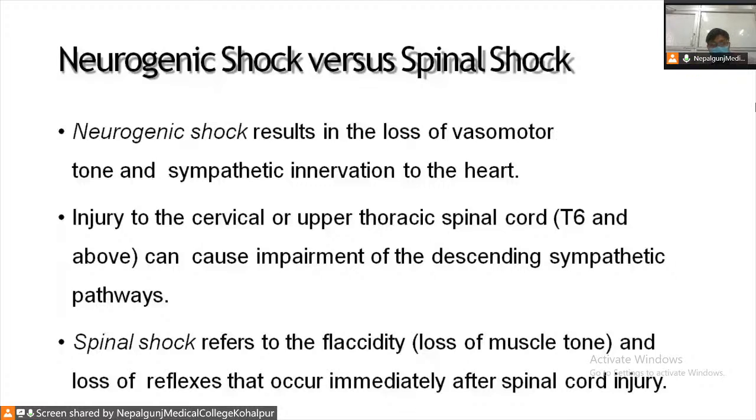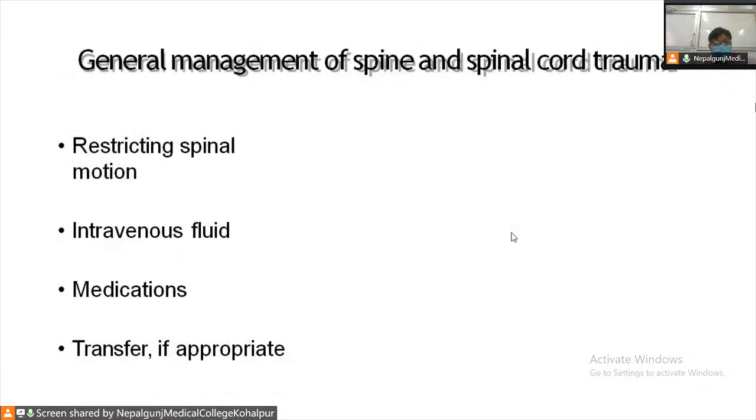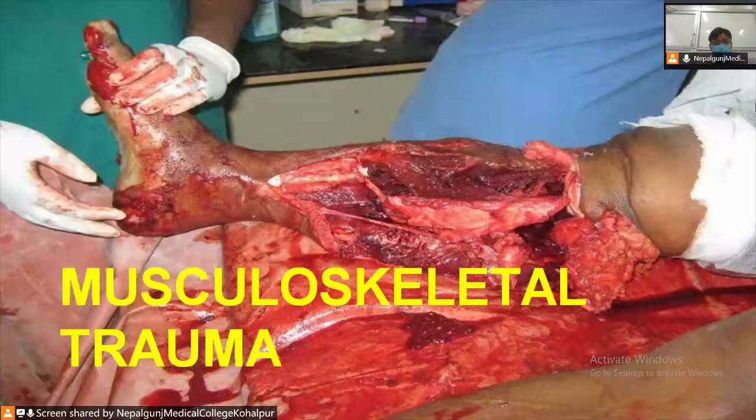Neurogenic shock involves the sympathetic innervation, so the injury is above the thoracic region, that is T6. Management is restricting spinal motion to prevent further injury, intravenous fluid to maintain blood volume, medications such as inotropes sometimes if needed, and transfer if appropriate.